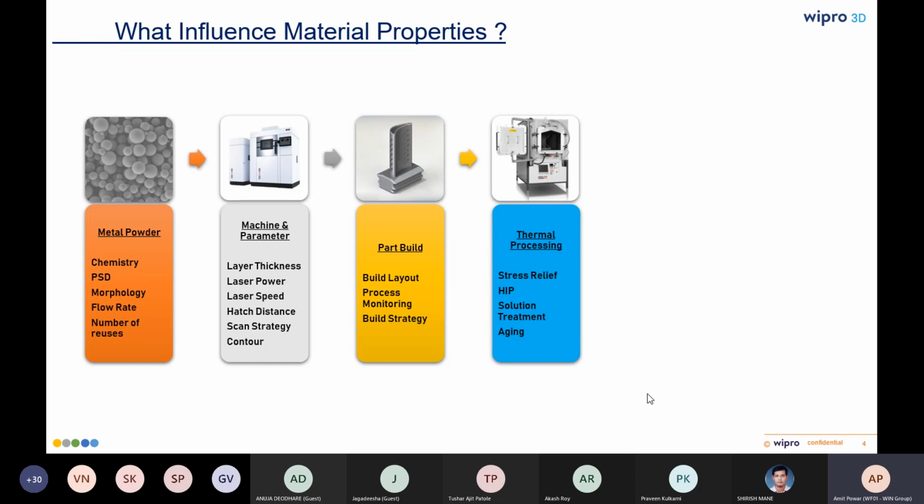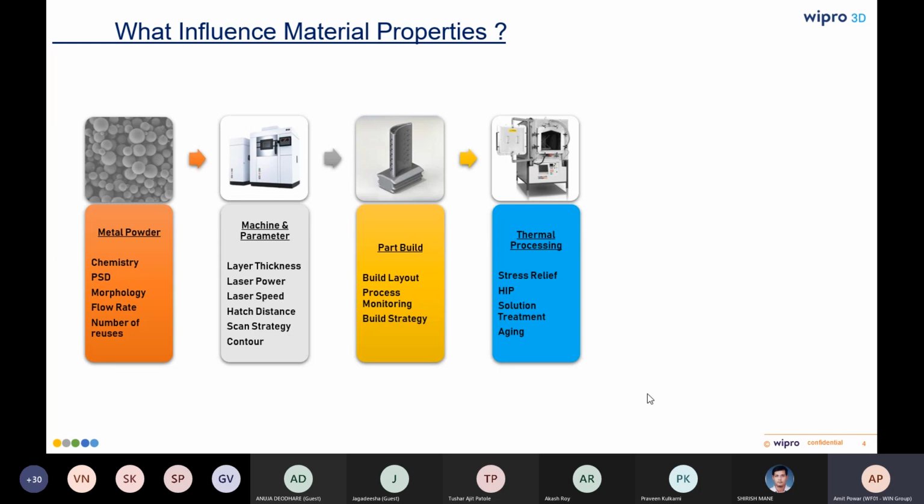When you are melting the powder with the laser beam, micron level melt pools get generated, and these melt pools cool very fast from their melting point. The cooling rates are very high, and because of that, very high residual stresses get generated.